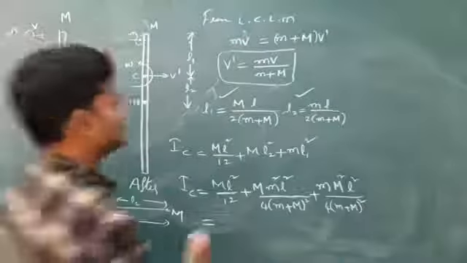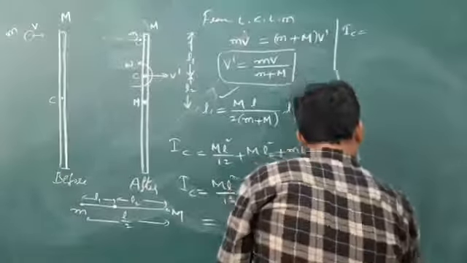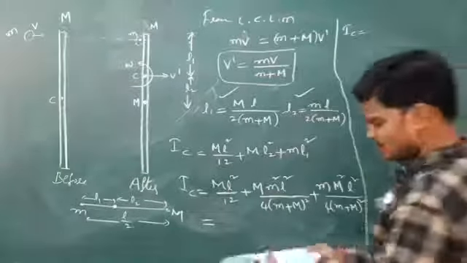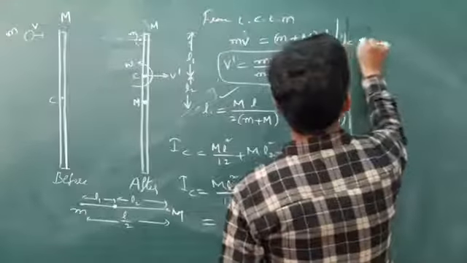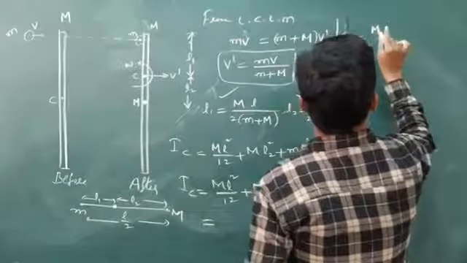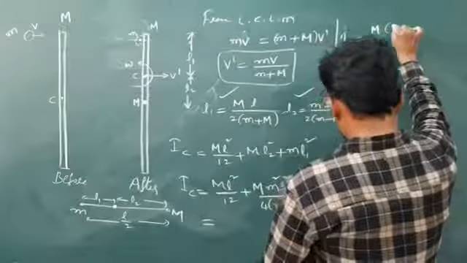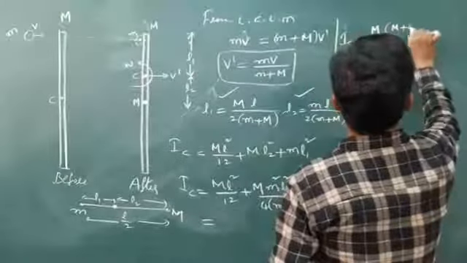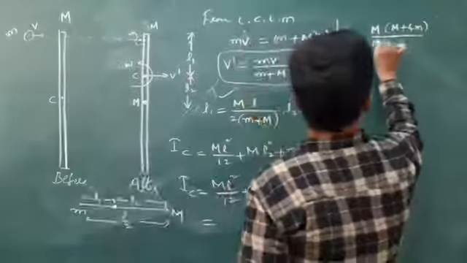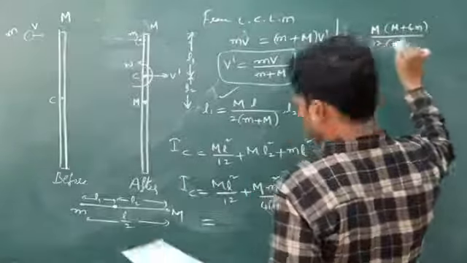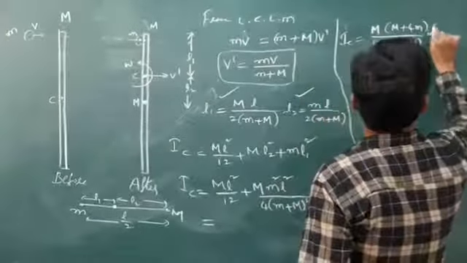Just you simplify this, you will get the moment of inertia through the center. Let me write directly now. After simplifications, you verify this calculation, I am just missing two steps. After simplification, we will get it as capital M into (capital M plus 4 small m) divided by 12 into (m plus capital M) into L square.